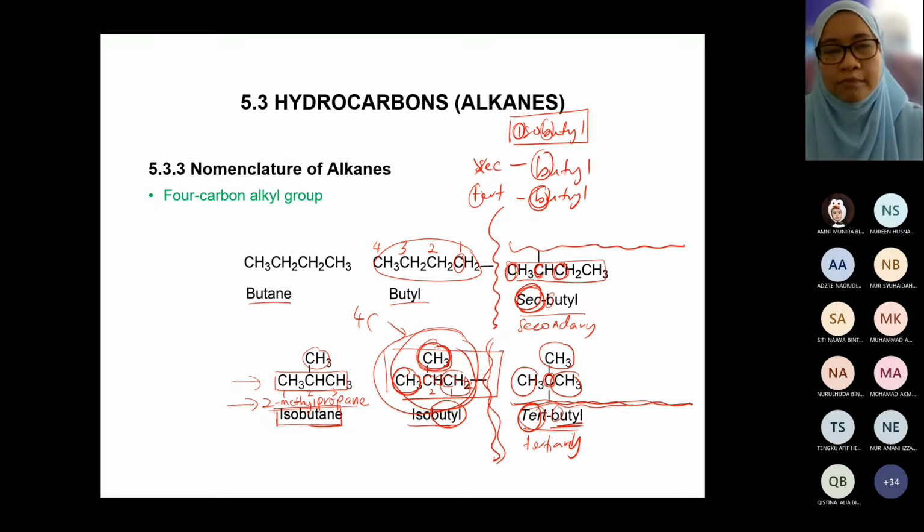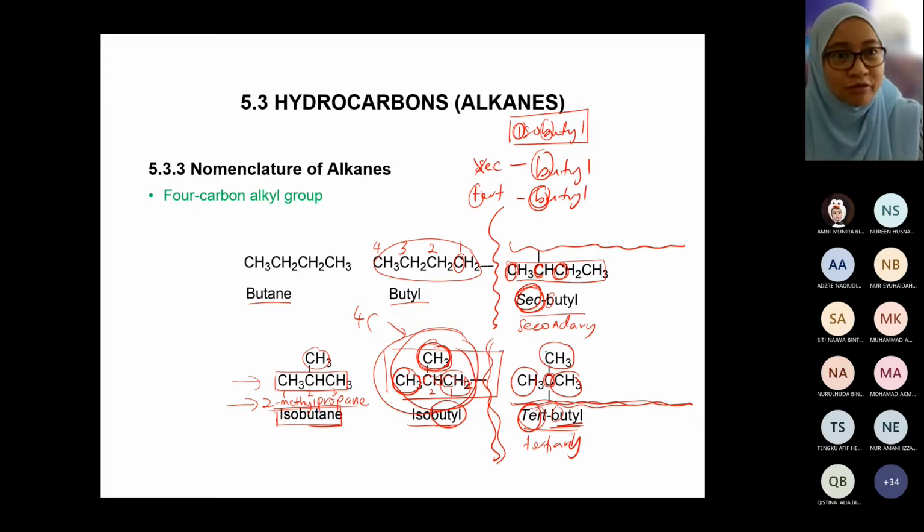You have to memorize the structure of the sec butyl, the tert butyl, isobutyl, and isopropyl just now. Please take note that you also need to know them. In a way you do have to memorize for this one. Because in case in the exam, the question asks you to name this common name, or to draw the name given.